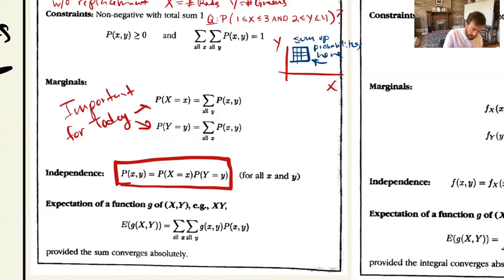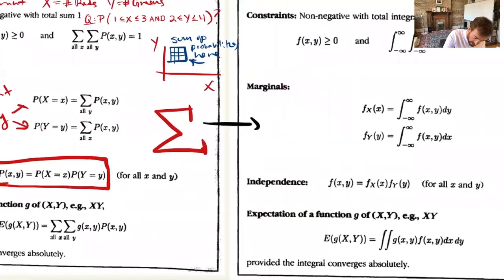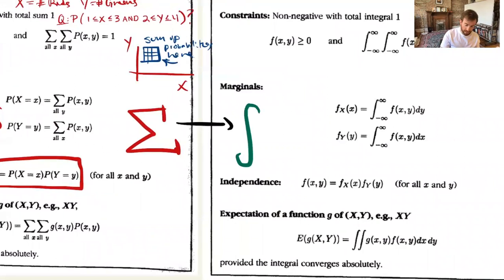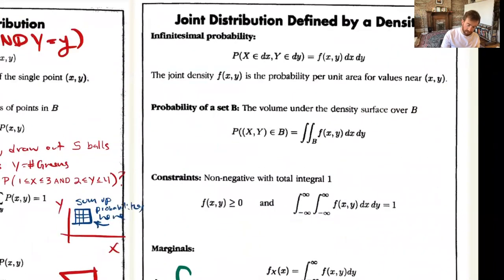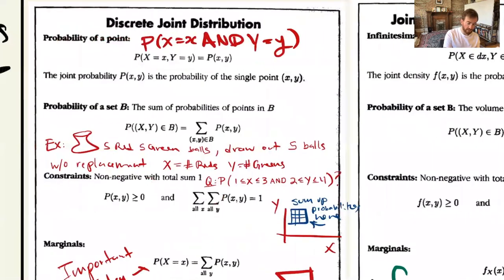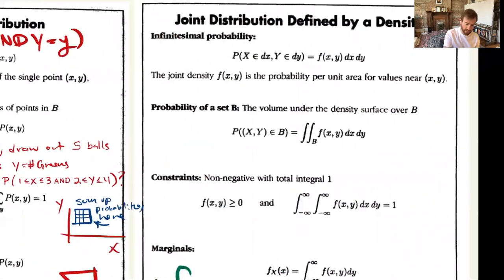Now, again, the major dichotomy here is that we go from sums all the way to integrals. And that's it. We could talk about infinitesimal probability, but there's no such counterpart. It's just the value of this function here. Instead of it being an event, it's an infinitesimal event, which is not actually an event.